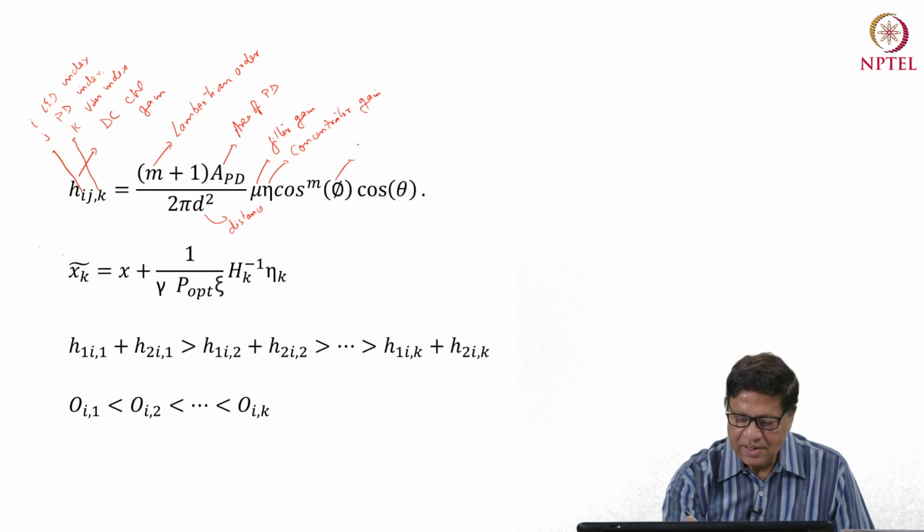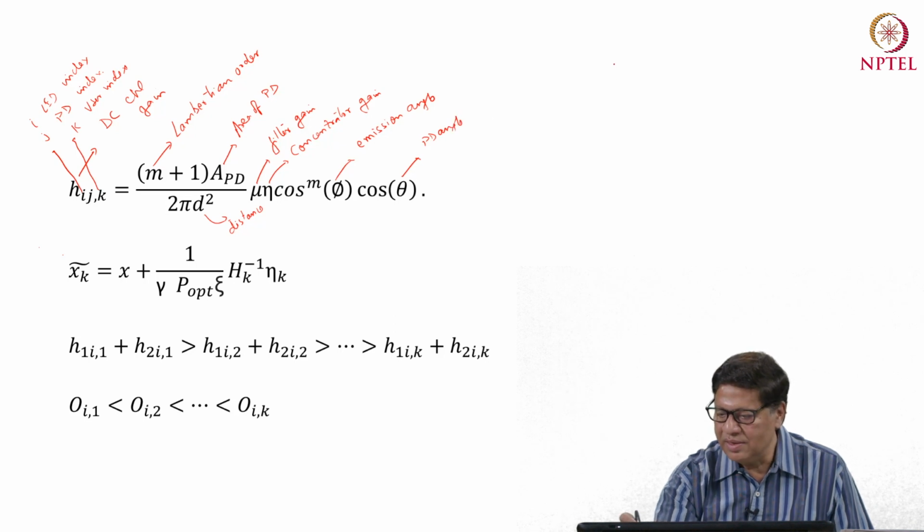And this is the concentrator gain, which is used at the receiver. And phi is the emission angle. And theta is the angle which the PD makes with the normal, so this is the photodiode angle. Let me illustrate this. So this is your transmitter, this is, say, your receiver, and this is the LOS path.